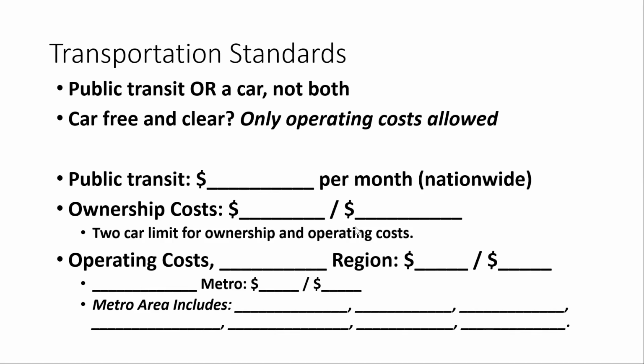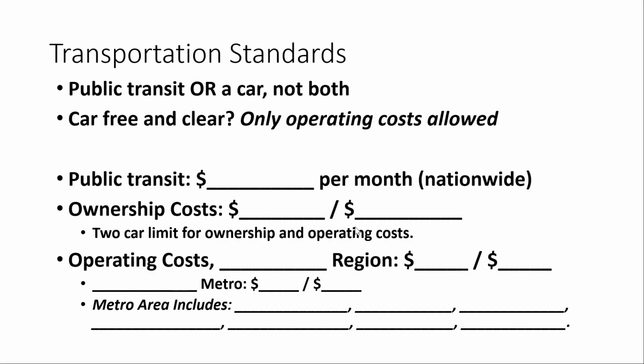If the taxpayer does not have an ownership cost associated with their vehicle, meaning that they own their car free and clear, there's no lease payment, there's no monthly loan payment, then they do not get an allowance for the ownership cost, only the operating cost. Ownership cost is the monthly allowance for a lease payment or loan payment.